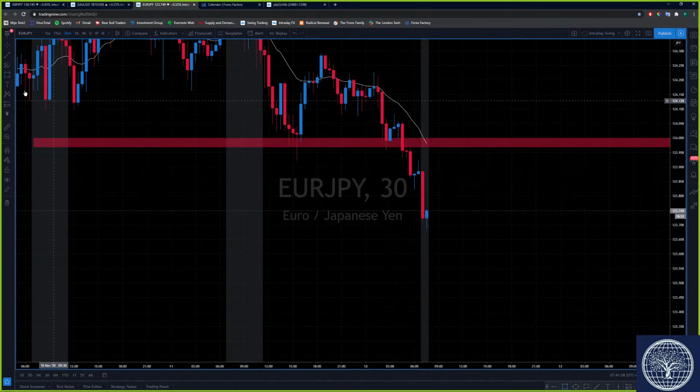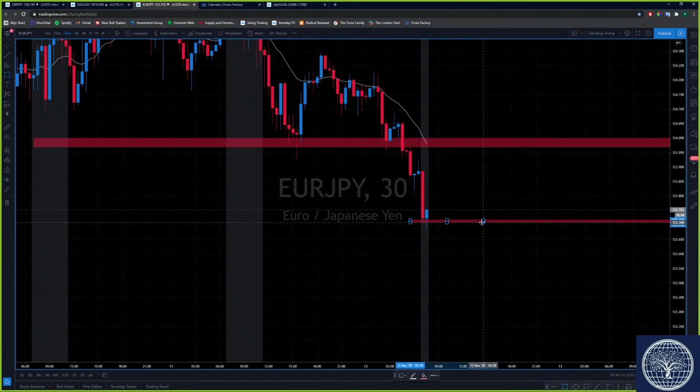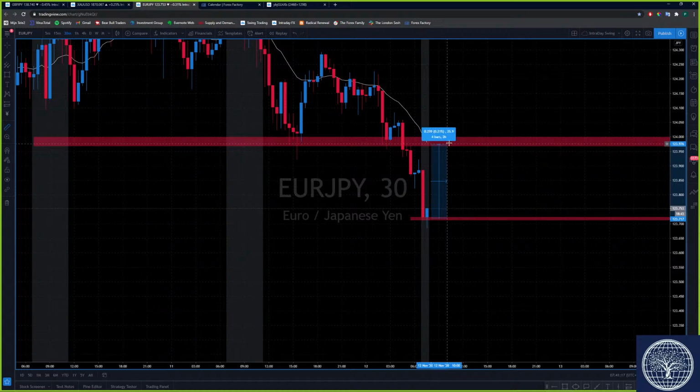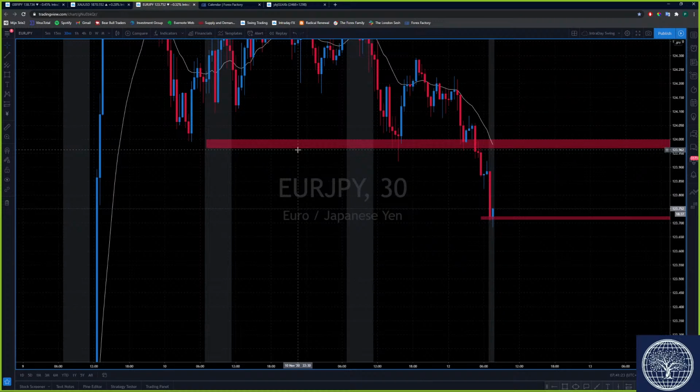Euro JPY is also creating a low like GJ. So I think if it can form resistance inside this range, 25, 27 pip range, then we can have a huge chance of retesting that low.